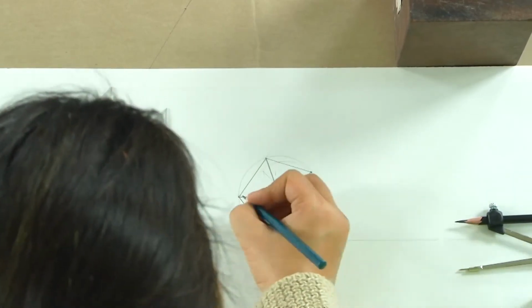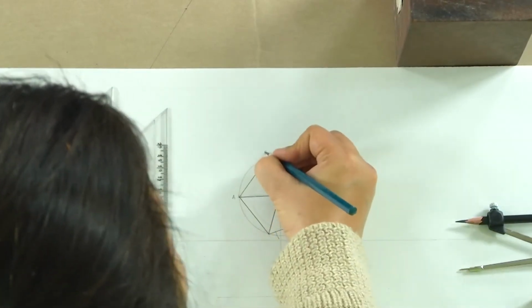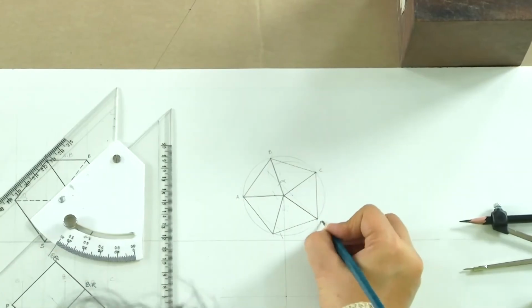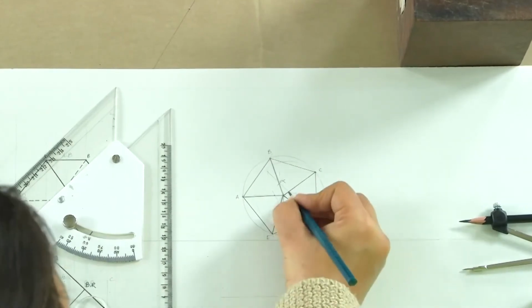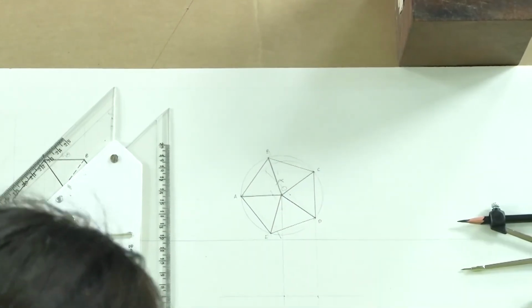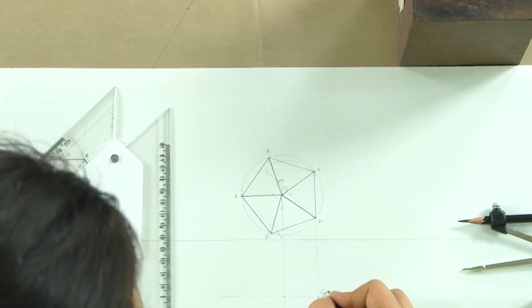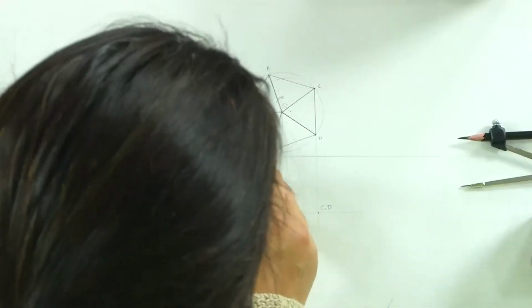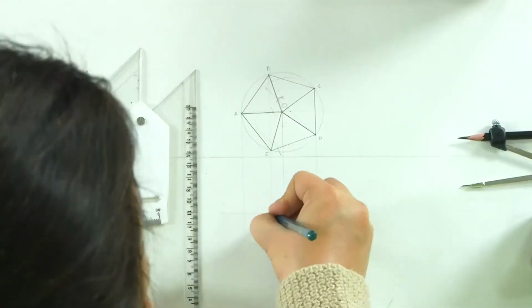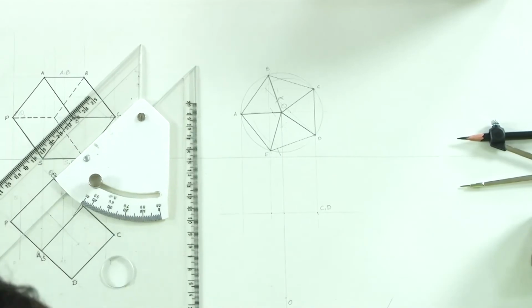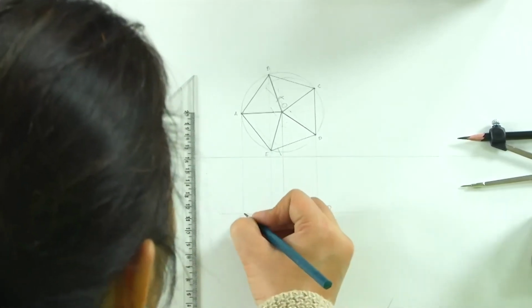So if I start numbering it from here, A, B, C, D and E, and this is the apex O. So we have the apex O here, we have C and D both flushing, and then we have points B and E, B covering E, and the point A.